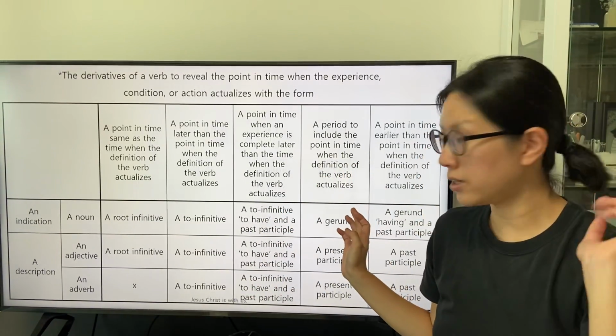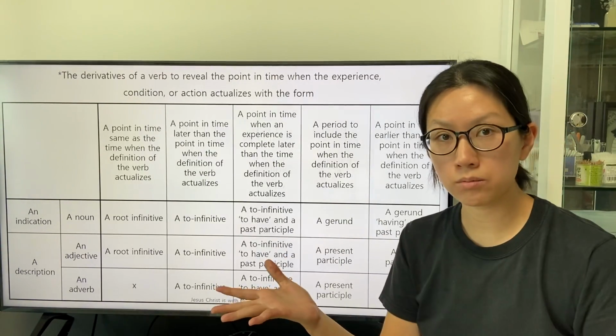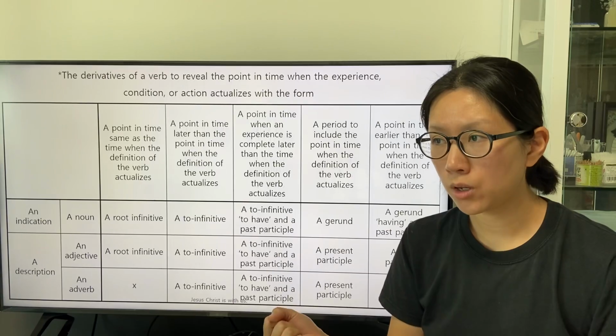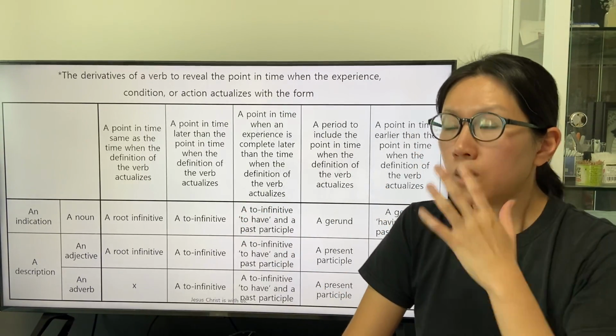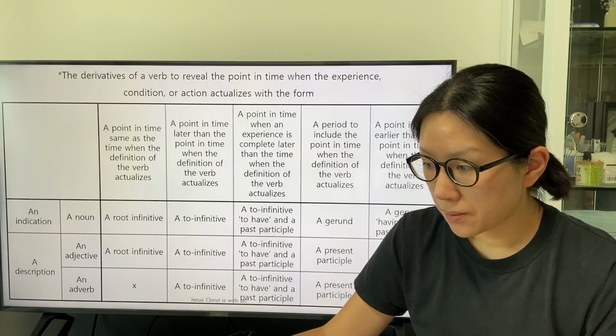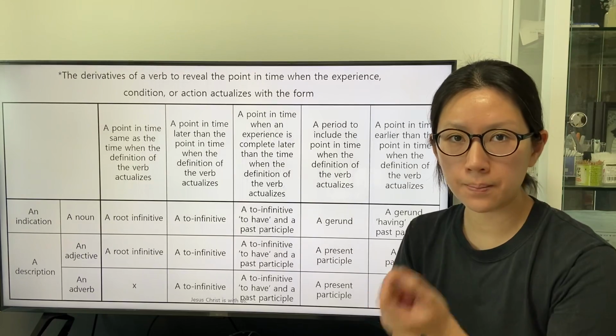The first column is about a duration of an experience, a condition, or an action during a period specified from a point in time.